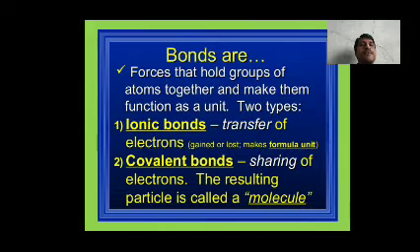Bonds are forces that hold groups of atoms together and make them function as a unit. Two types: ionic bond, transfer of electrons, gained or lost, makes a formula unit.